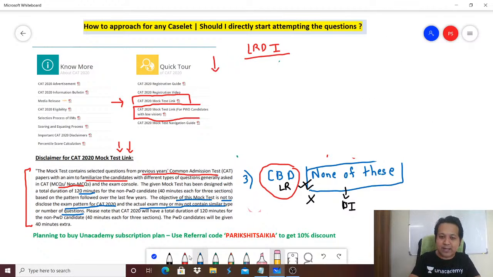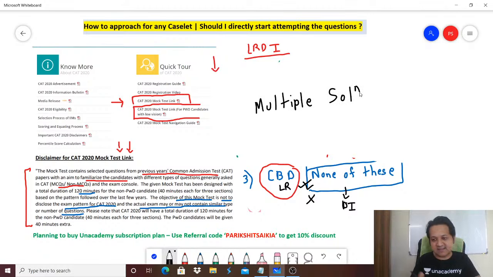Basically, multiple solutions might exist. So if you have drawn probably a circular arrangement, go back and check. Is there another solution possible? Did I miss out one more possibility?